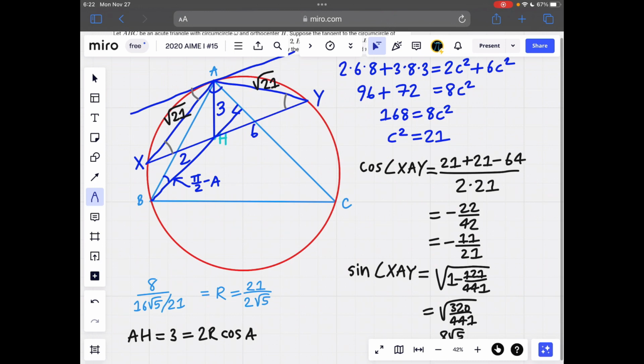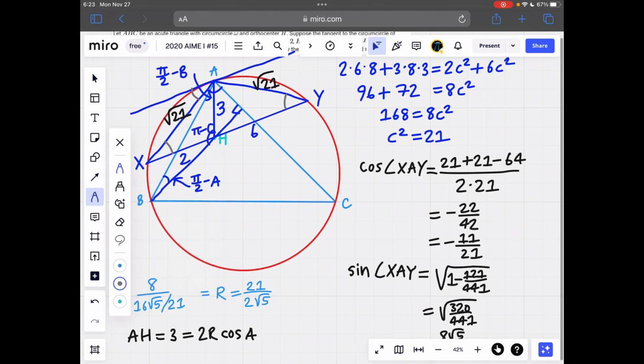And similarly to the angle at B, that's just pi over 2 minus B. So this angle over here is pi over 2 minus B. And if you add those up, you get pi minus A minus B. So to sum to pi, which is what the angles in a triangle sum to, the angle at H, AHB, needs to be equal to A plus B, which is nothing but pi minus C.